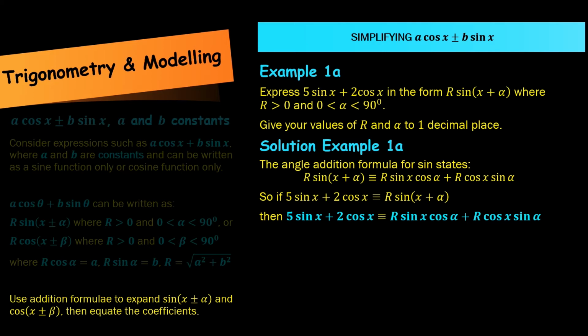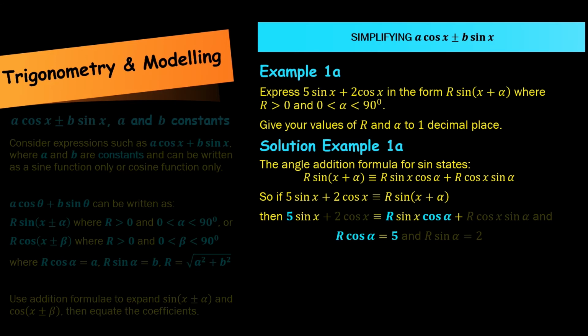And now we can equate the coefficients. If we equate the coefficient of sin x, we have that r cos alpha equals 5, and if we equate the coefficient of cos x, we have that r sin alpha equals 2.